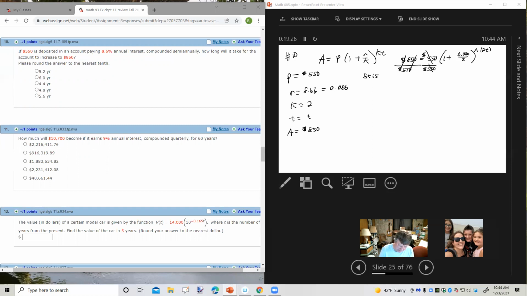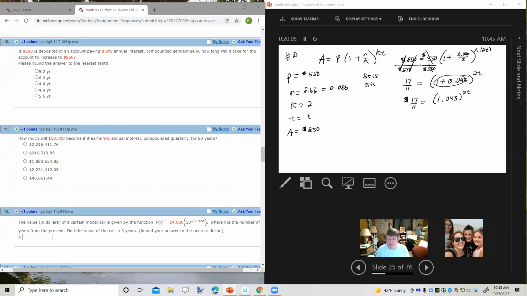What's 85 divided by 5? I think that's 17 over 55 divided by 5, which is 11. Okay, that's not going to come out nicely, so I'm going to leave it that way. Inside here, I'm going to get 1 plus, let's see, 0.086 divided by 2 is 0.043 to the 2t power. Then 17/11 equals 1.043 to the 2t power, combining those like terms.